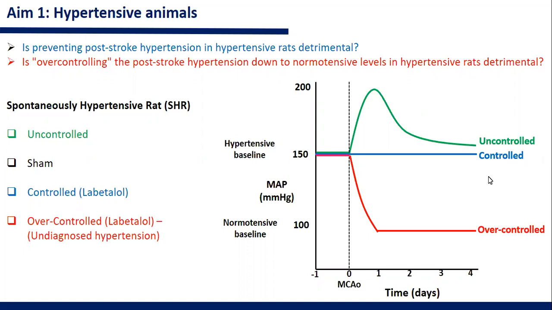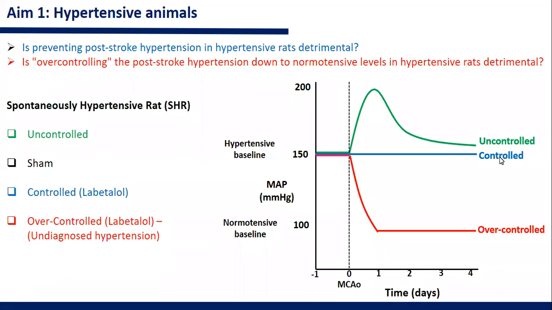There are mainly three groups designed in this study. First, uncontrolled, where I did not give any treatment and let the post-stroke hypertension reach whatever level it goes to, and then return to the baseline level.